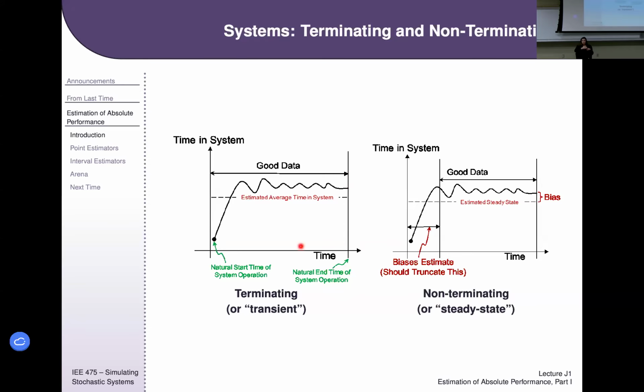And the estimated time in the system is affected by the stuff that happened in the morning, as well as stuff that happened in the afternoon. That's why this estimated average is pulled down, and that's the right output, because it's affected by both of those. We had real customers in the morning that had a very different experience than real customers in the afternoon. We care about both of those customers, so we use all of the data.